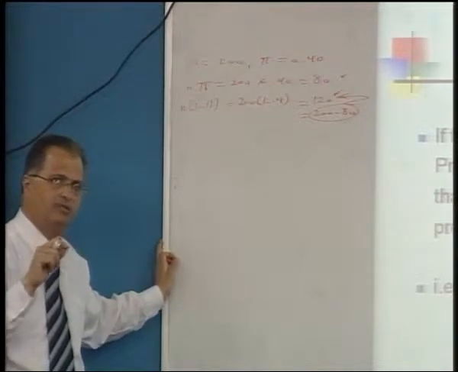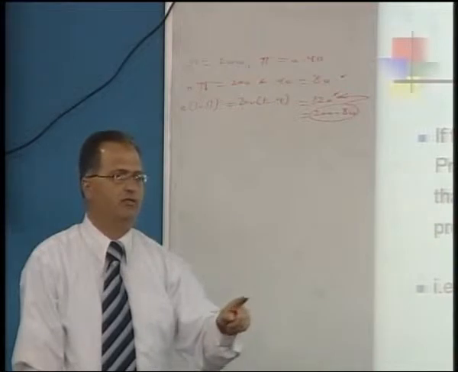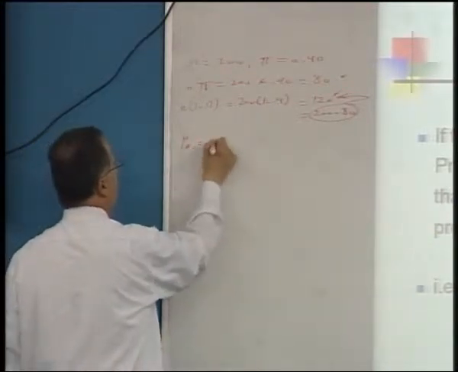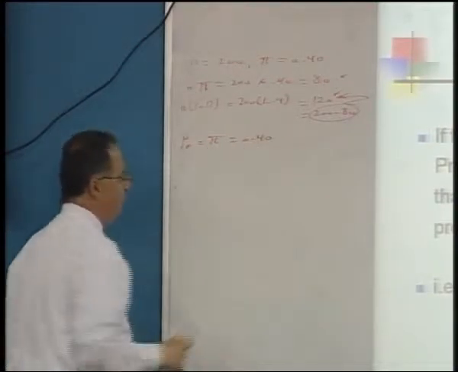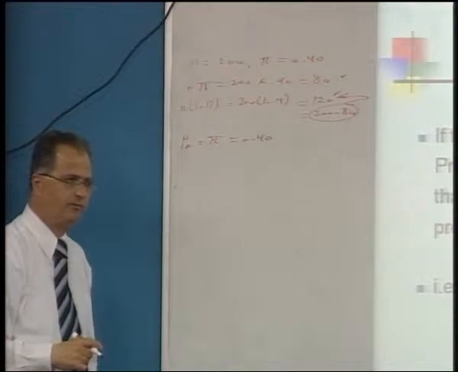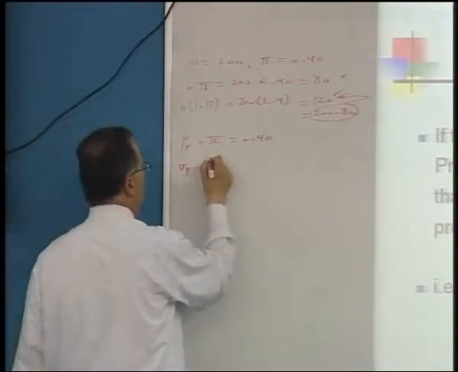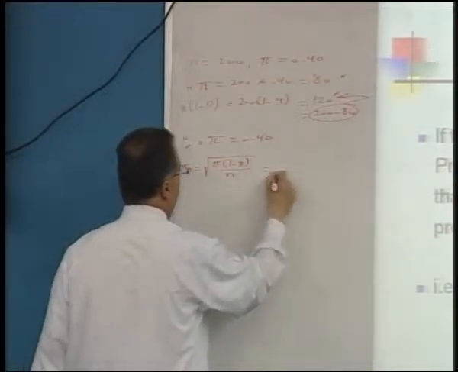I mean, we can say that the sample proportion is normally distributed with mean equal to pi, always pi, and pi is given as 40%, and the sigma of p equals the square root of pi times 1 minus pi divided by n.